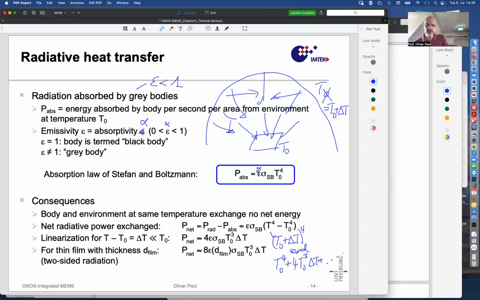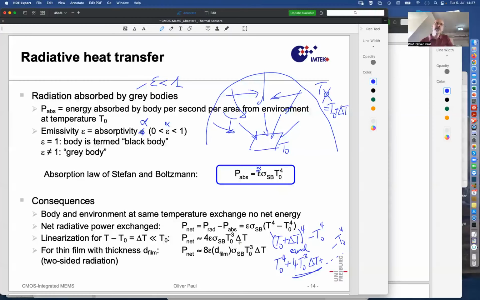That gives the two leading terms. And if I now subtract T0 to the fourth power, this is what remains essentially, plus some minor corrections. And so for small temperature differences, one has a net power transfer that is proportional to the temperature difference.